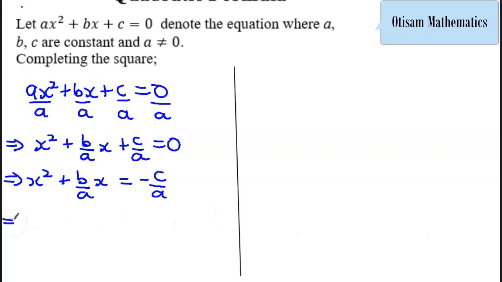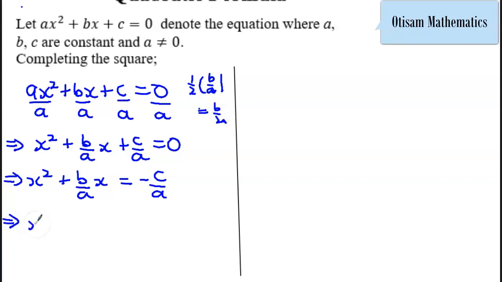Completing the square, we said that the coefficient of x squared must be 1, and it is 1 now. So we then find half of the coefficient of the middle term. So half of b on a is giving us b over 2a.